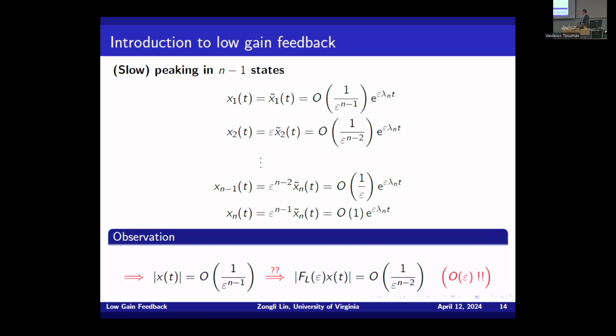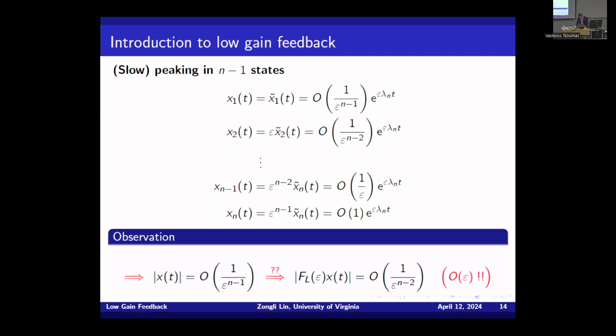Now the next question. We know all the original states, and their peak value, the maximum value here, is 1 over epsilon to the n minus 1. That must be, because all the states are like that. But what we are really interested in is this: the gain is small, but the state is very large. Now, what's this? This is the control input. We want to see whether the control input can be small or not.